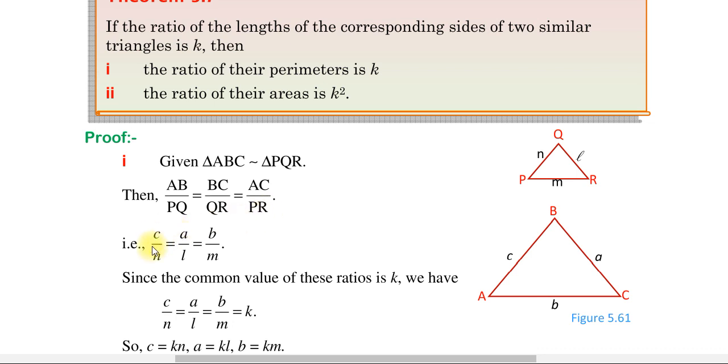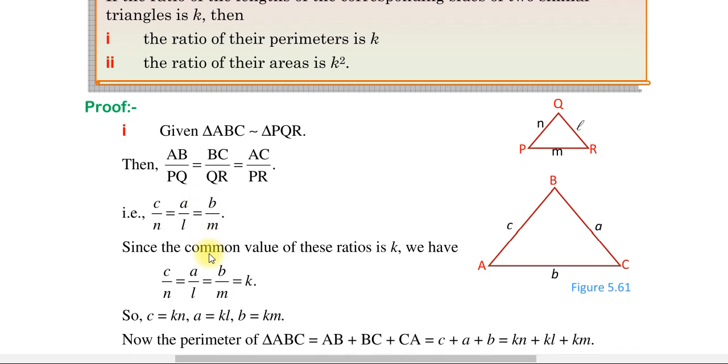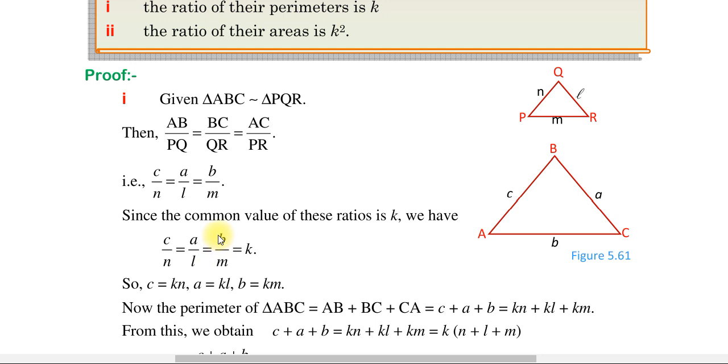So C over N is equal to A over L is equal to B over M. Since the common value of this ratio is K, we have C over N is equal to A over L is equal to B over M is equal to K. So C is equal to Kn, A is equal to Kl and B is equal to Km.